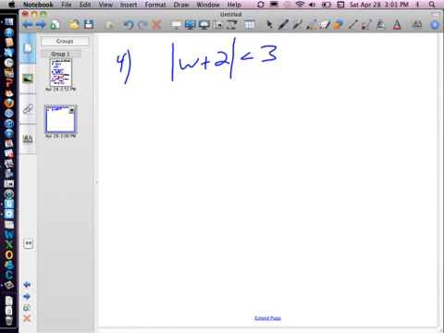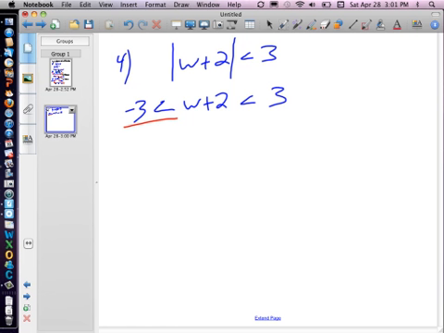So in this case, we can set it up like this. We know that the boundary is going to be negative 3 on this side, and we know it's going to be 3 on this side. And so when we remove the absolute value, the absolute value is telling us we have two boundaries. So once you put those two boundaries in, we can forget about the absolute value. I've replaced the absolute value symbol with this boundary over here on the left side, negative 3 is less than w plus 2.